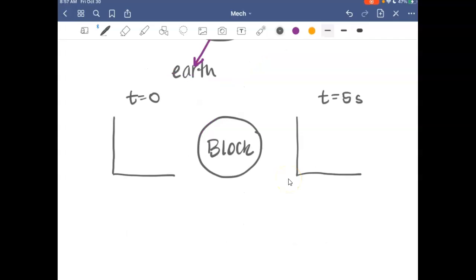Okay, so if the block is my system, then initially the block had a 0 velocity, and if energy can be stored or manifest in the motion, then I would have 0 kinetic energy to begin with. And so on this graph here, I'm going to put the amount of energy on the vertical axis.